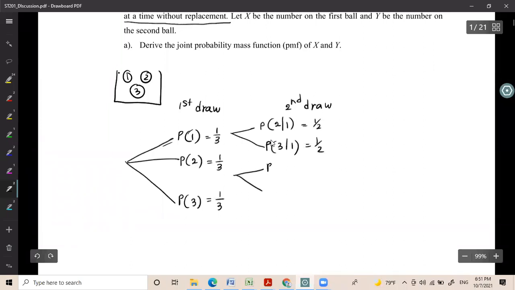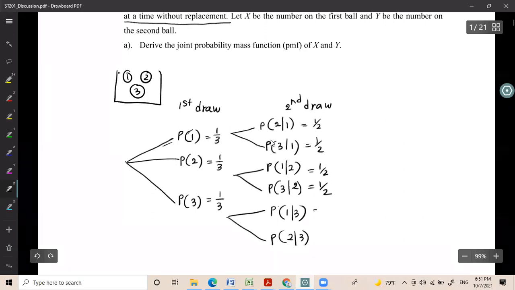If the first one was ball 2, then the second can be either 1 or 3. You cannot have 2 because it's already drawn and was not put back into the box, without replacement. And for the last one, 3 is already gone, so it will be either 1 or 2, given first is 3. So what is this part?